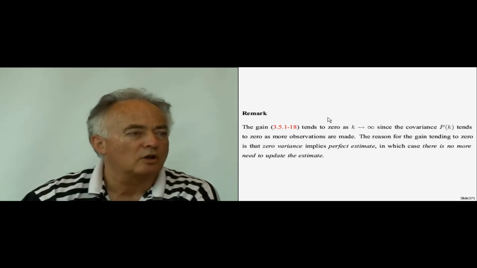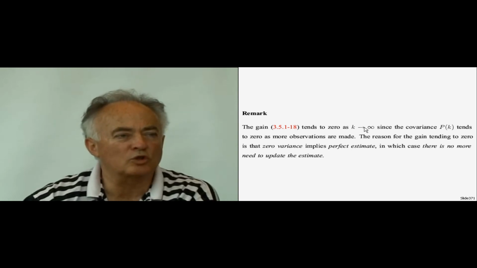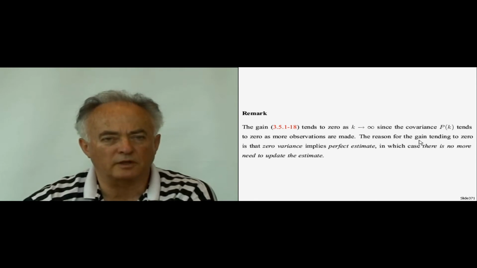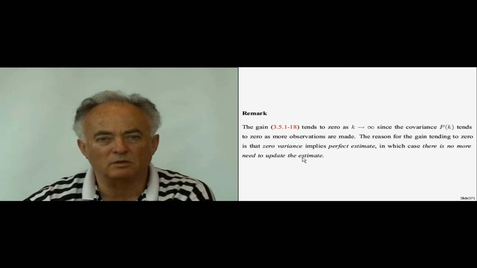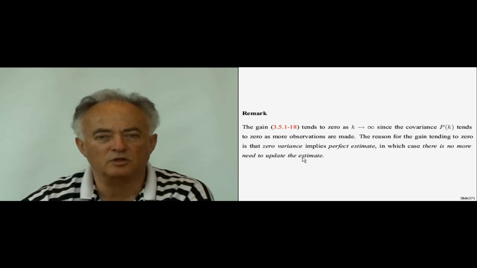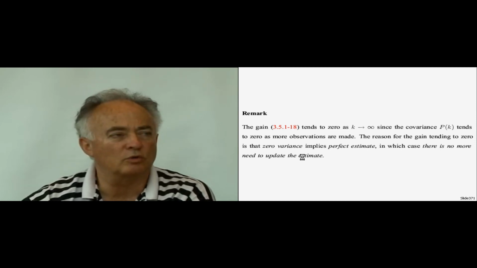So, as the covariance goes to 0, the gain also will go to 0. Obviously, if I have a perfect estimate or nearly perfect estimate of variance 0 or nearly 0, I don't need new information. There is no need to update the estimate when the covariance is 0. So this is why, as the covariance goes to 0, at the same time, the gain will also go to 0.